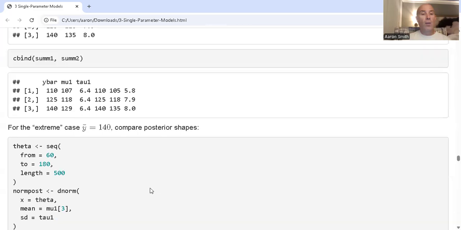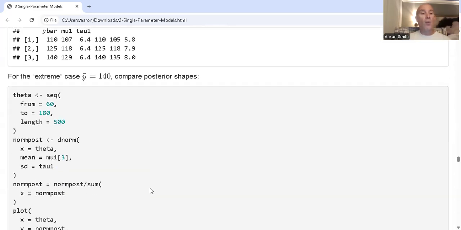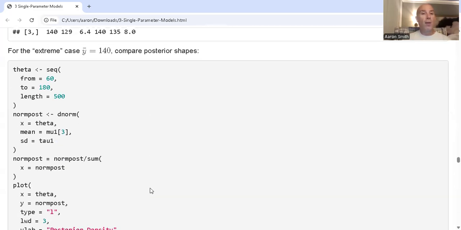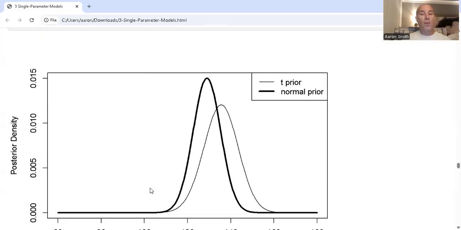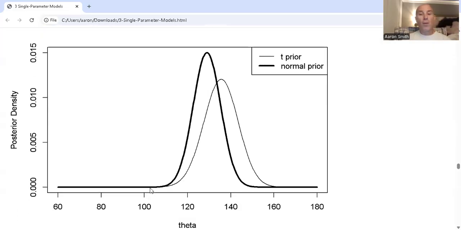All right, so now let's take a look. When y bar is equal to 140, let's look at the posteriors and plot this. Check this out. Notice that the t was a little bit farther off than the normal, but they're pretty close to each other.